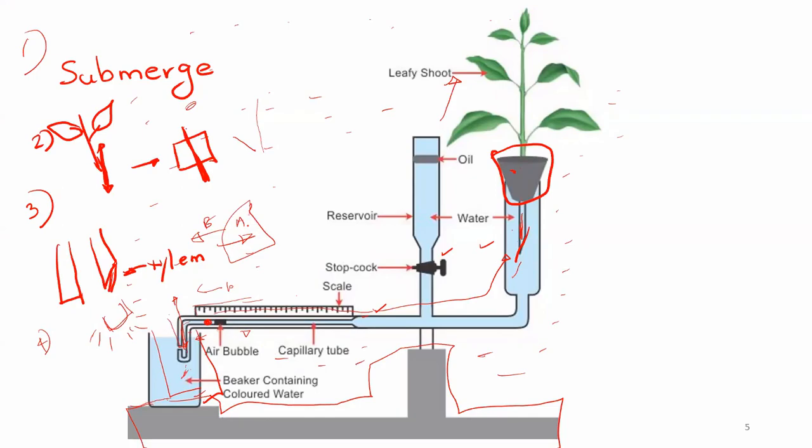Okay. First, this setup should be placed in the submerged condition to avoid the air bubbles. Then after, cut these shoots in the slant position to increase the surface area. If the surface area increases, the xylem vessels can take more water and nutrition. Okay. Then after, in this setup, we can place the beaker at the end of the capillary tube.